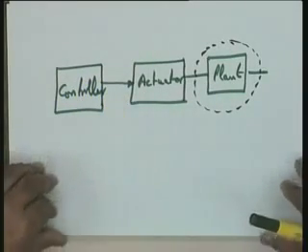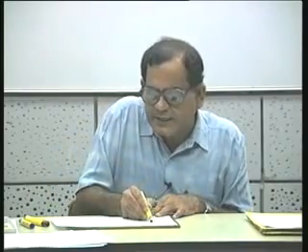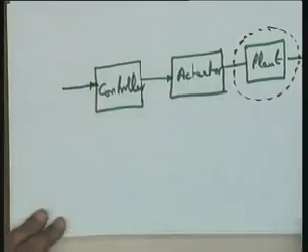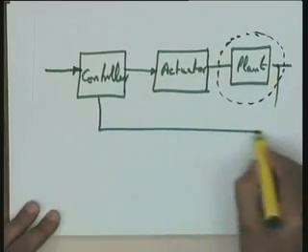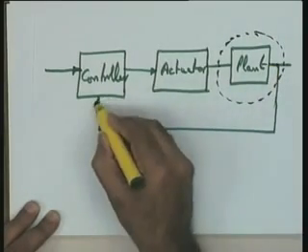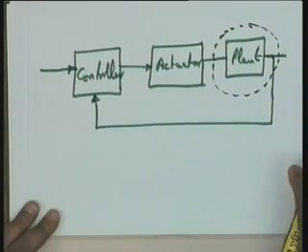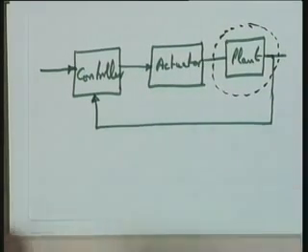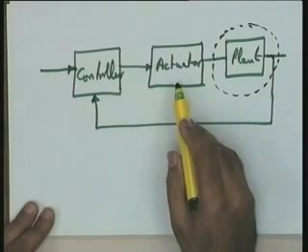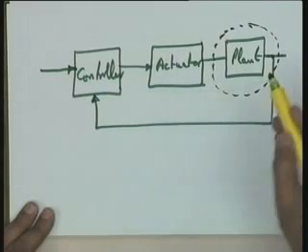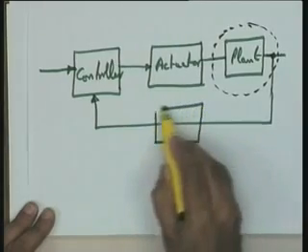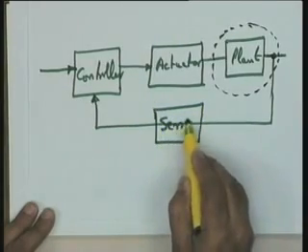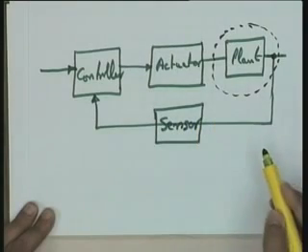Okay. The controller should get information, this is what we have done already, about the command signal, and it should also get information about the actual controlled variable. On the basis of this information, it controls the power supply to the actuator. The actual information about the controlled variable will normally come through a suitable sensor.